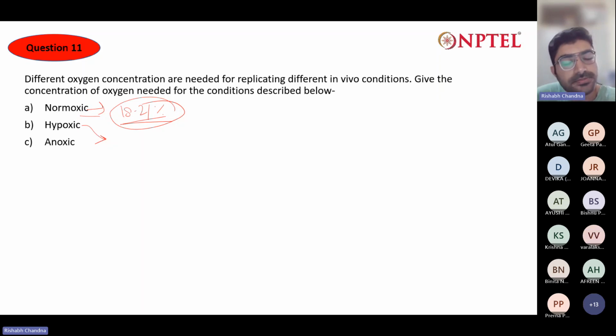Any more answers? Generally, for hypoxic conditions, the level of oxygen that we maintain is nearly 5%, or rather less than 5%. So nearly 5% is the oxygen concentration maintained in hypoxic conditions.